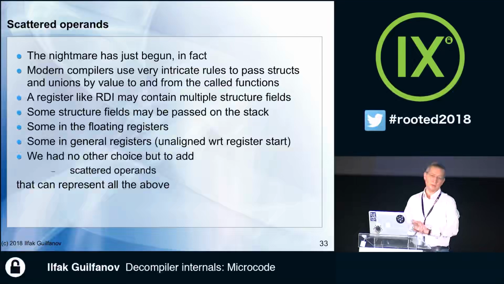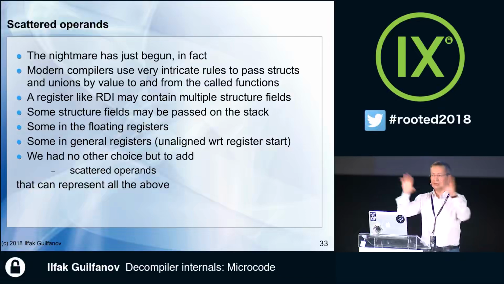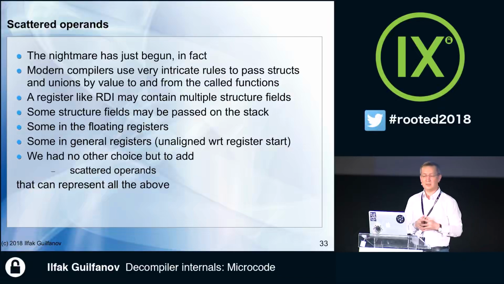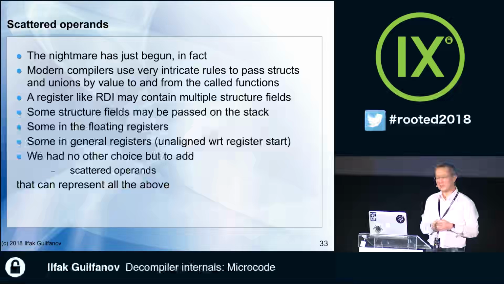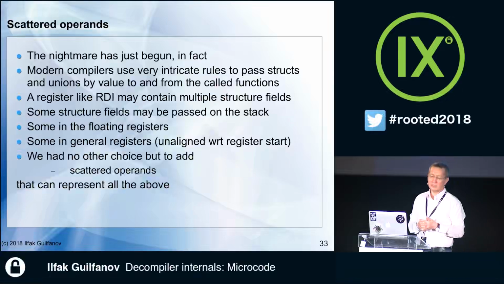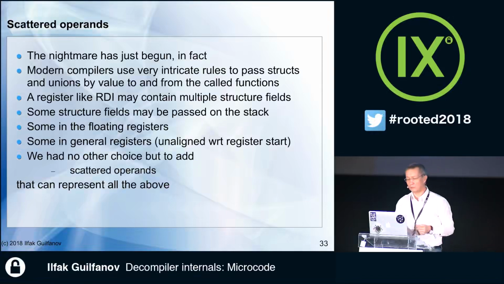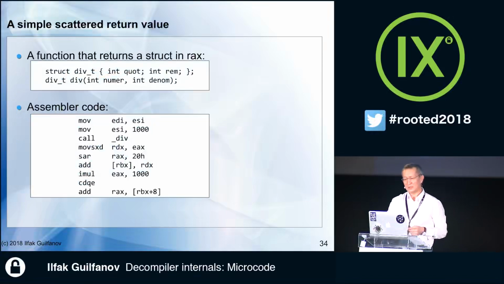So a value is scattered over different locations. It is not in one precise location, but it is also on the stack, for example. Well, we had no choice, and so we ended up with one more operand type. It's called scattered operands, and they can represent all the above. It is very difficult to handle scattered operands, but we are doing our best.